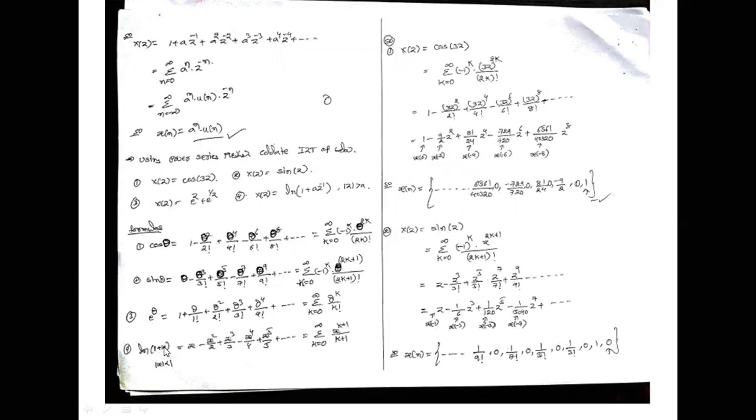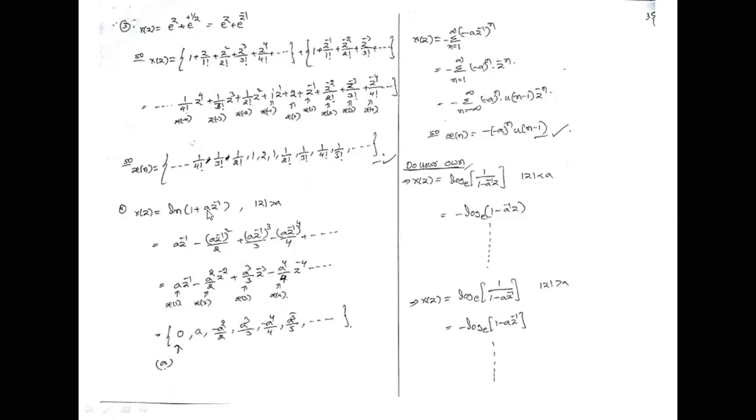Ln of 1 plus x is x minus x square by 2, x cube by 3, minus, alternately you get the minus, and it's increasing: x to the k plus 1 by k plus 1, from 0 to infinity. Now instead of x, there is a z inverse: a z inverse minus a z inverse square by 2 plus a z inverse cube by 3, alternately the minus is there, and a z inverse whole power 4 by 4 and so on.